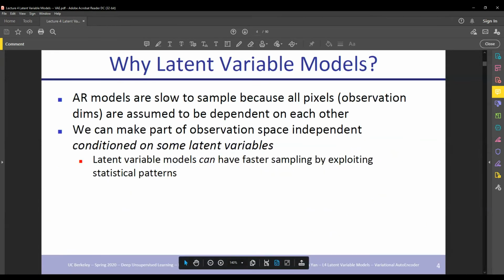They're slow to sample because we are assuming dependency. In this case, we assume that the observation space is independent and is conditioned on these variables, which we call the latent variables.